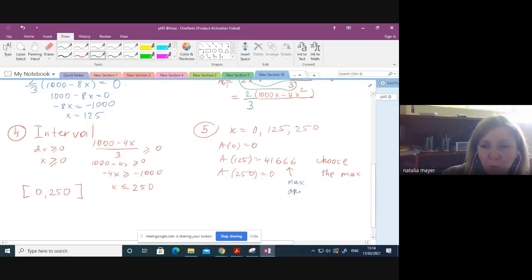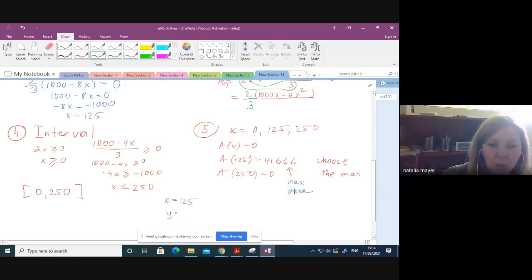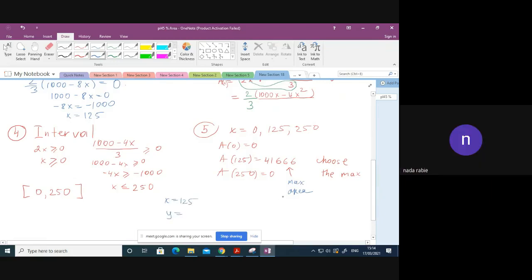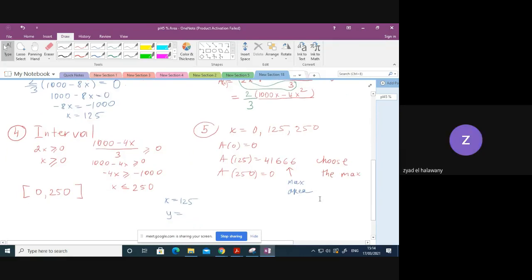And we know that the x dimension is 125. So what is left? The y, the width. So we need to find y. Okay, so how can we find y? We can sub in 125 in the original.